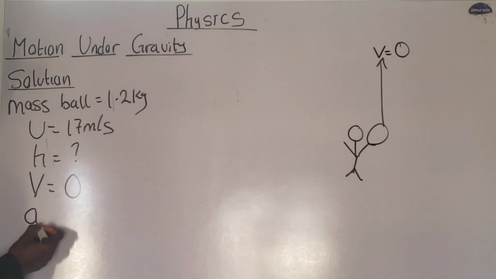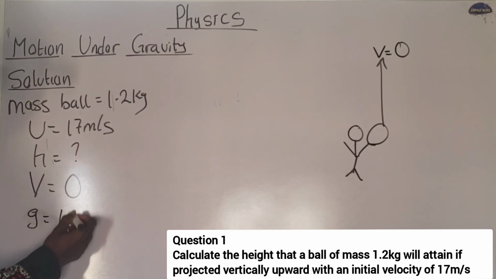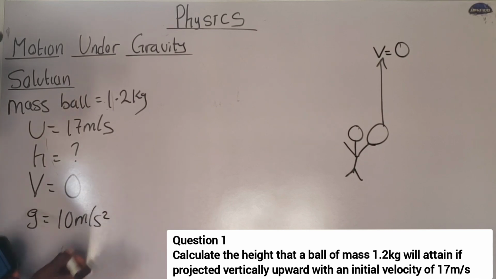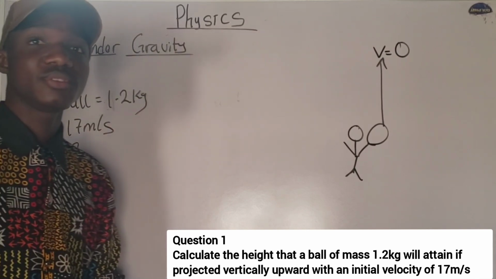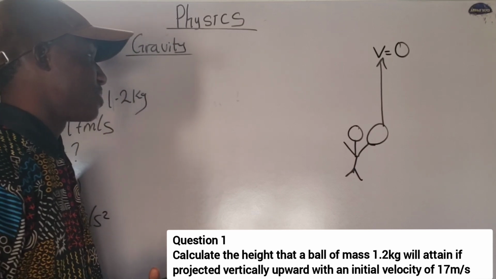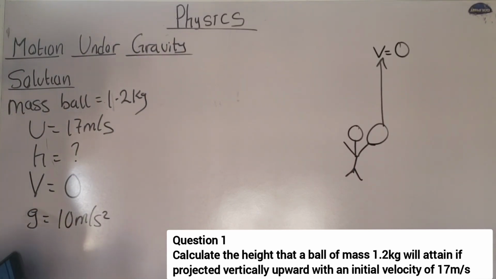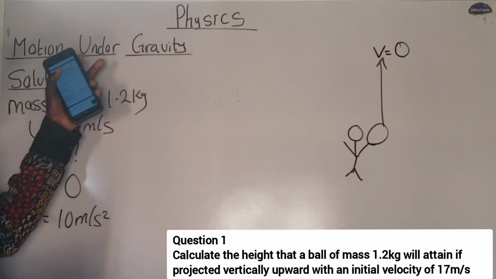Let's call it g, because we are dealing with gravity now. g equals 10 meters per second squared. In some cases, you can use 9.8. Now back to the question. Because the body is moving against gravity, the value of g will be negative.